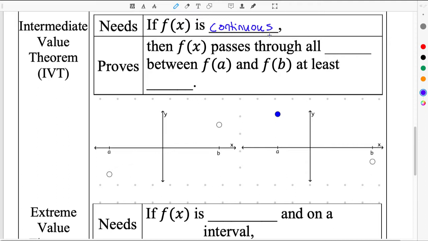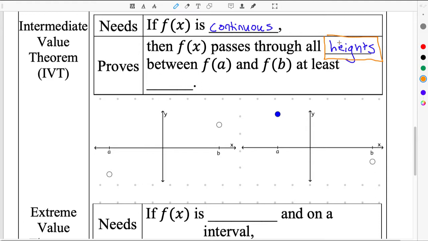That's the one condition. Other theorems will need other things. This only needs to be continuous. If we are continuous, then we know that f of x passes through all heights. This is a theorem that proves things about heights. Can we please all box the word heights? When we hit lesson 1-9, I'm going to say, what does IVT prove?